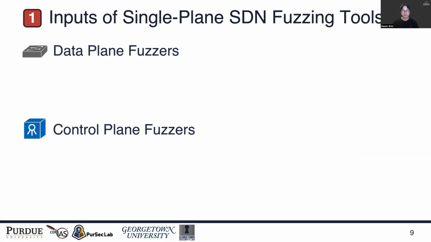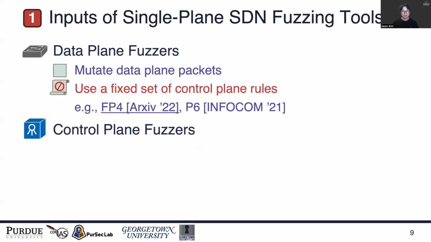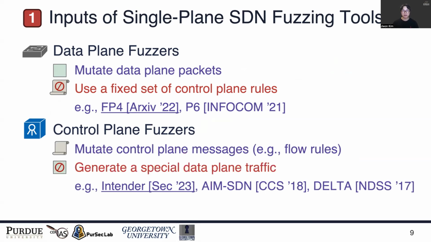There are two categories of SDN fuzzing tools: data plane fuzzers and control plane fuzzers. Data plane fuzzers mutate data plane packets, but use a fixed set of control plane rules, such as FP4. Control plane fuzzers mutate control plane messages, such as flow rules, but they only generate special data plane traffic, like packet flooding or a representative packet to test connectivity, like intender.